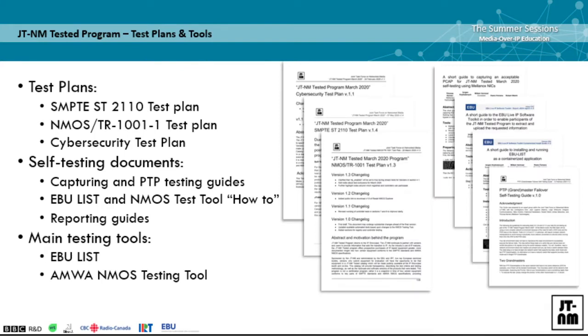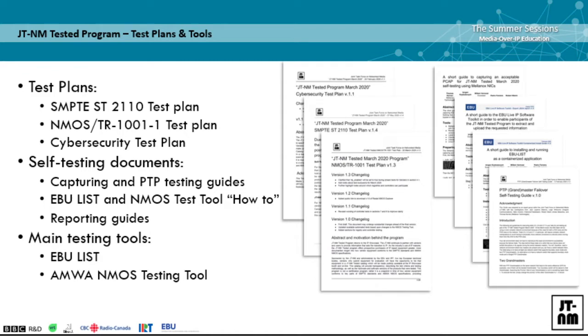So regarding the documents that we produced, most of them are made available to the public one way or another. The main documents of the program are the test plans, and this time we once again have the ST2110 test plan, the NMOS and TR-1001-1 test plan, and also the cybersecurity test plan. We didn't have that for the previous iteration of the event.